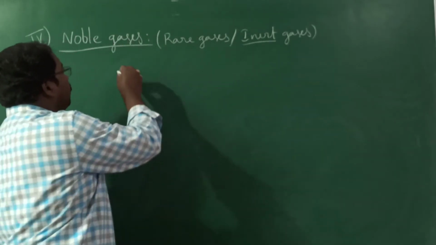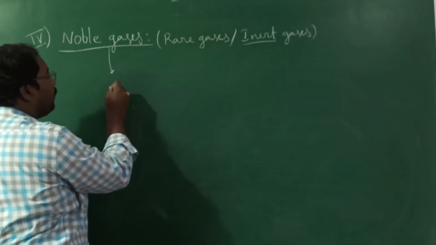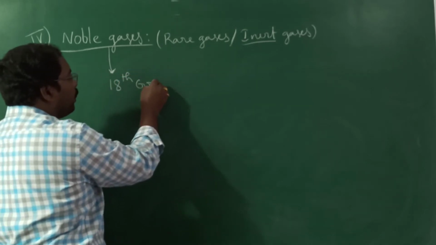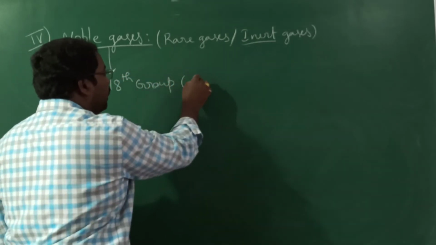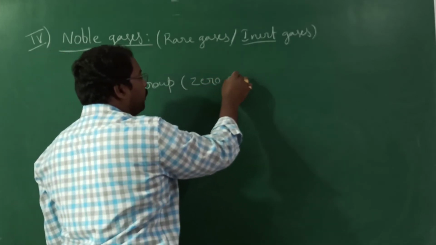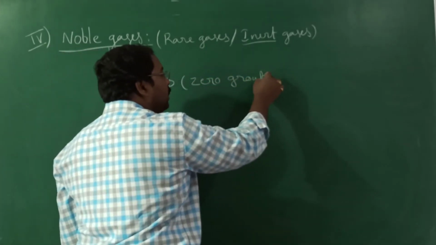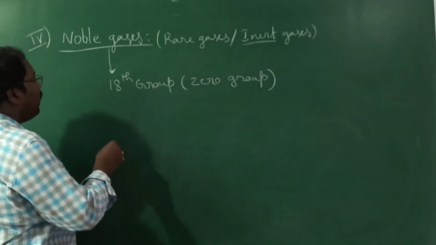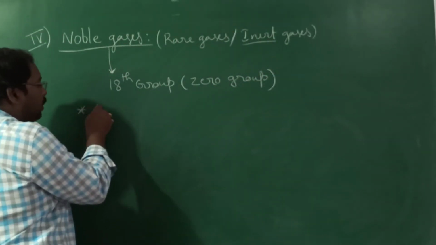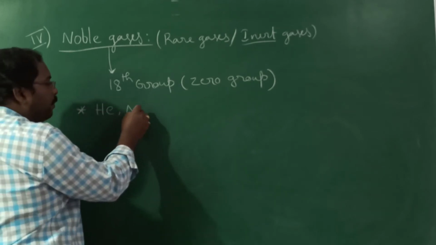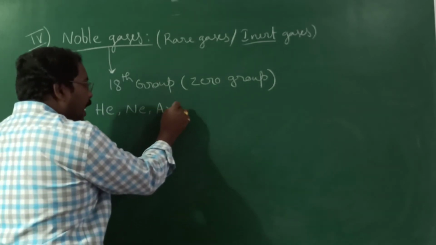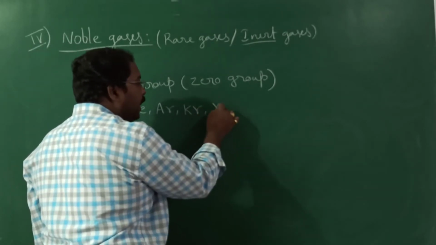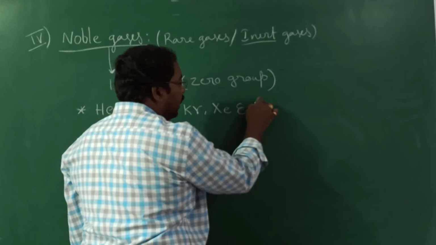So what about the position of these gases in the periodic table? These are the 18th group, or the 0 group. If you observe the extreme right hand side of the periodic table, the elements are helium, neon, argon, krypton, xenon and radon.